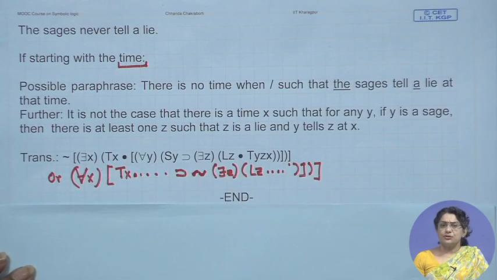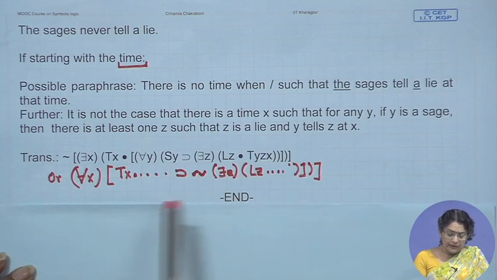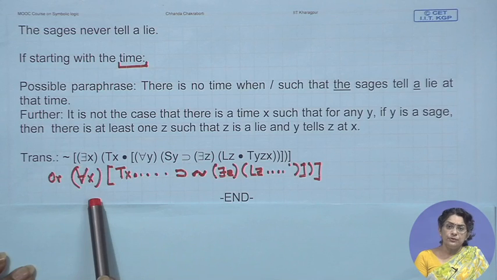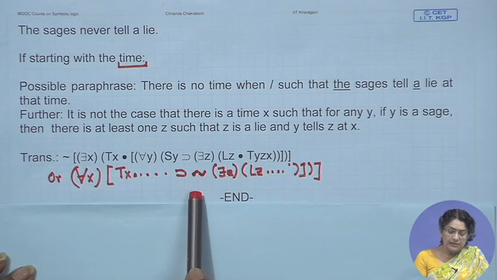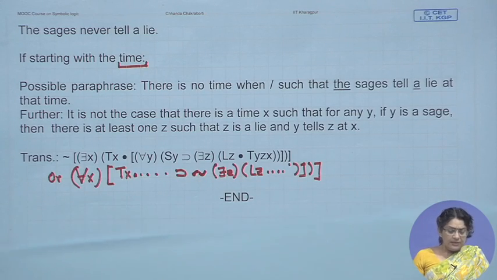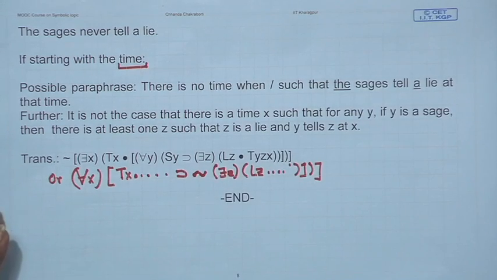No time is such that, or it is not the case that there is even one moment of time when the sages would do this. This is the equivalent, except that it is an E proposition. So, you are starting with the universal quantifier and the tilde would appear at the consequent, because that is what E propositions do. This is just to give you an idea how to handle these complex and overlapping quantifier situations.